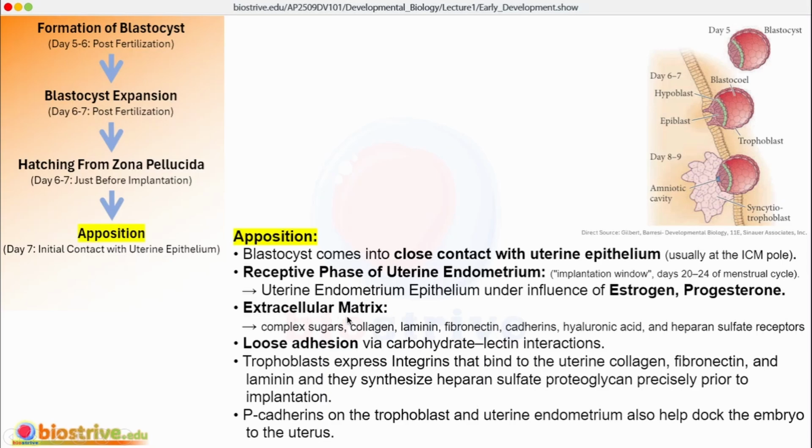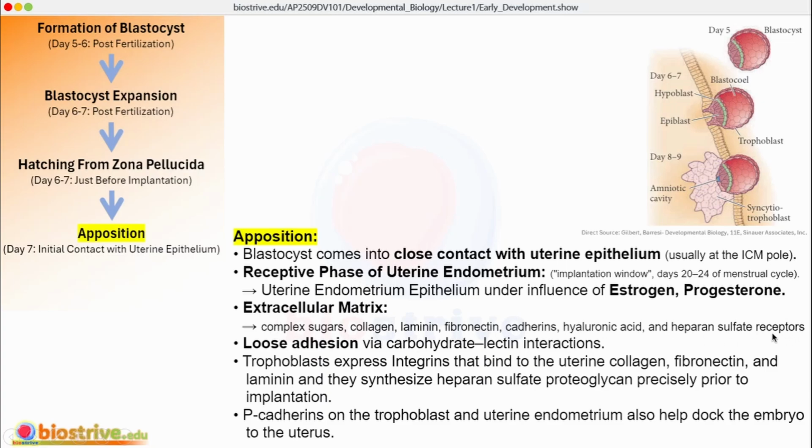The extracellular matrix of this uterine epithelium will start secreting complex sugars. There will be collagen, laminin, fibronectin, and specific cadherins, which are cell adhesion molecules. We have hyaluronic acid, and some specific heparan sulfate receptors.